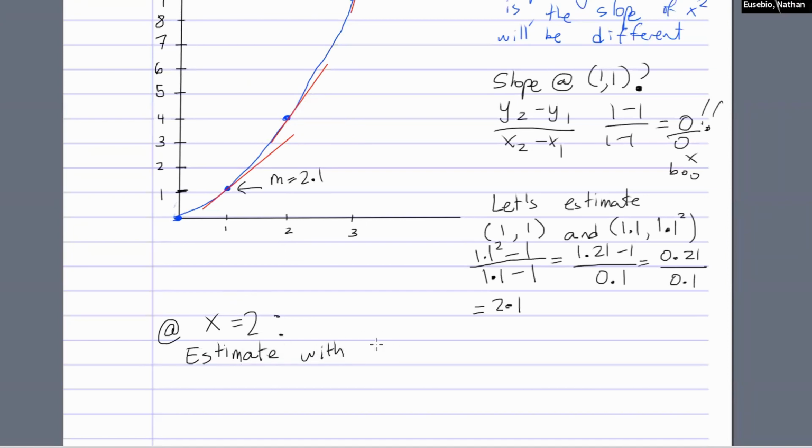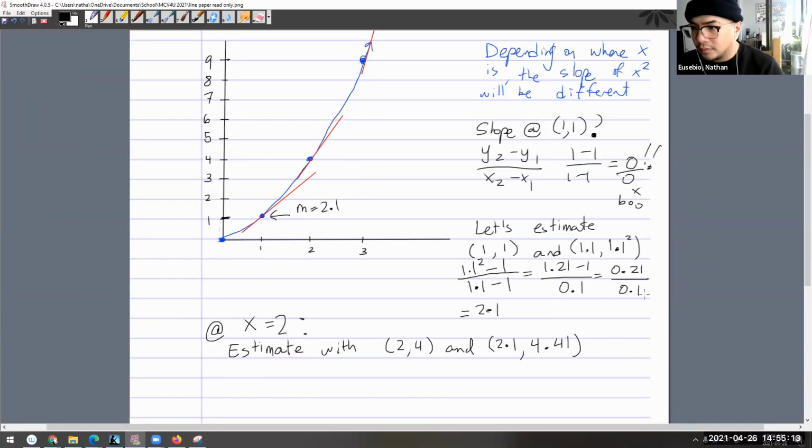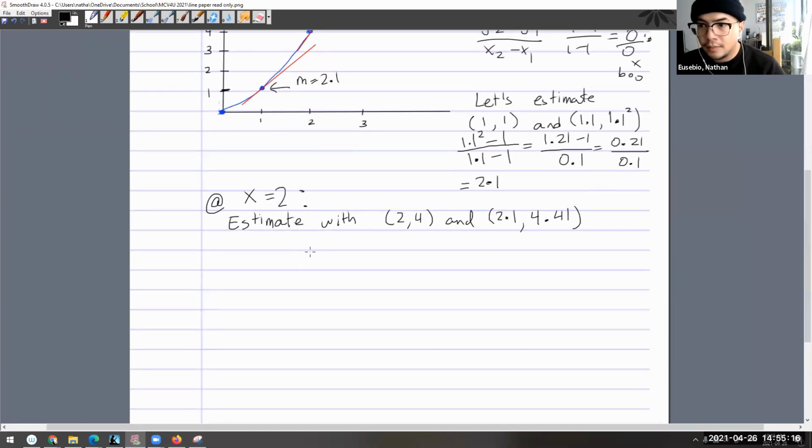With the same thing, let's do 2 and 4, right? And 2.1. We'll just keep them 0.1 apart for now. And whatever 2.1 squared is, 4.41. So if I go 4.41 minus 4 divided by 2.1 minus 2, your denominator will still reveal that my two estimated points are 0.1 apart.